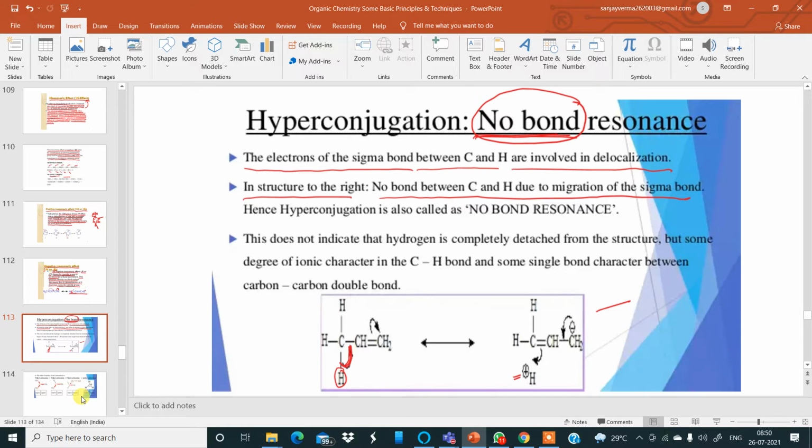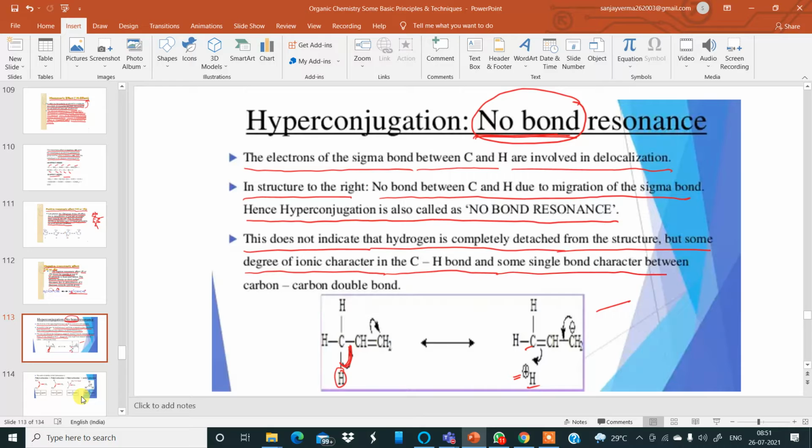So this is also one type of resonance happening because of no bond between this carbon and this hydrogen, and that is called hyperconjugation. Hence we also call hyperconjugation no bond resonance. Now this does not indicate that hydrogen is completely detached from the structure, but some degree of ionic character in the carbon hydrogen bond and some single bond character in the carbon carbon double bond is seen.